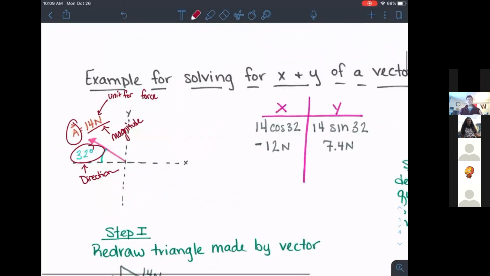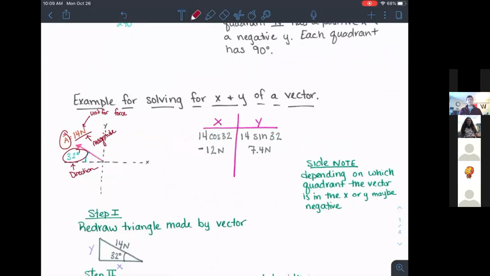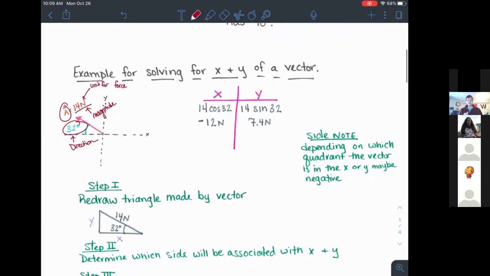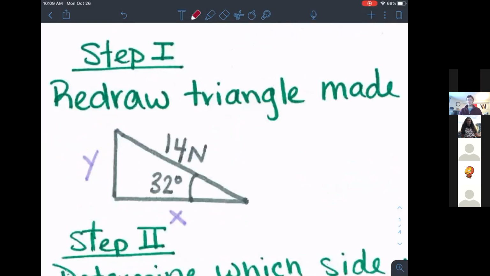What we're going to be doing throughout this week is figuring out the resultant vectors, so figuring out the part for the X and the part for the Y. We are going to draw some triangles. You guys have already been doing this, especially when we talked about kinematics and we were drawing those velocity vectors in both the X and Y direction.